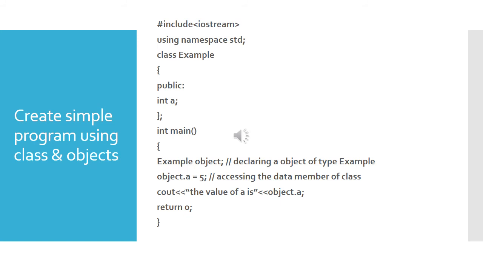To access it, you use the object dot the variable name, a equal to 5, which means it's assigning the value 5 to the data member a using the object. You can print the value using cout, and since main returns a null value, return 0.